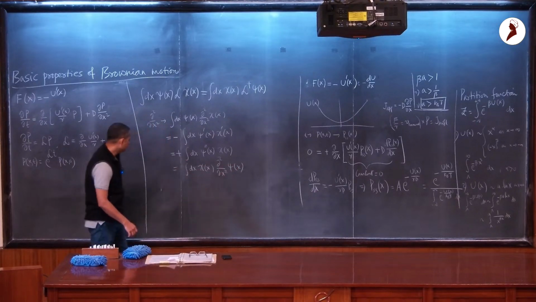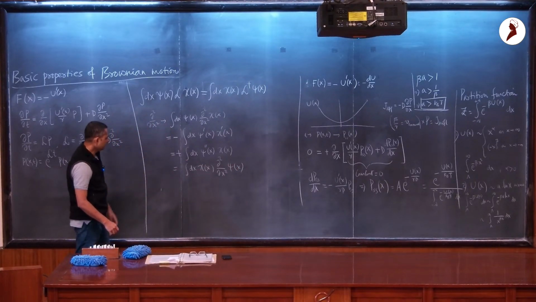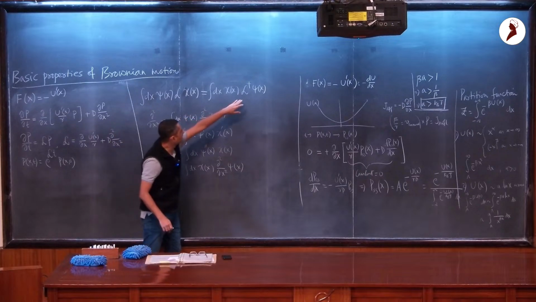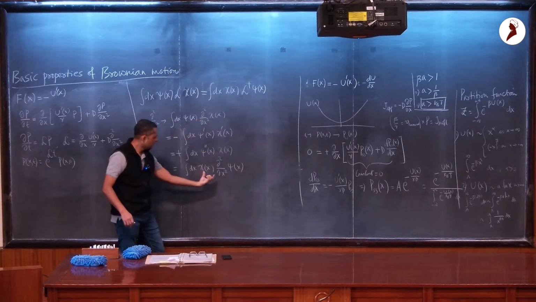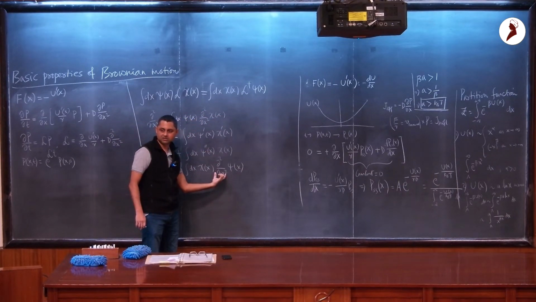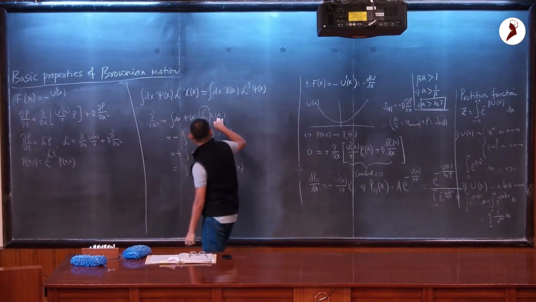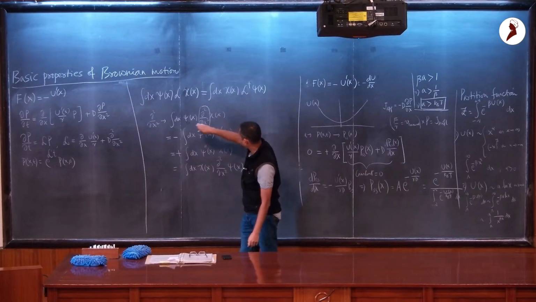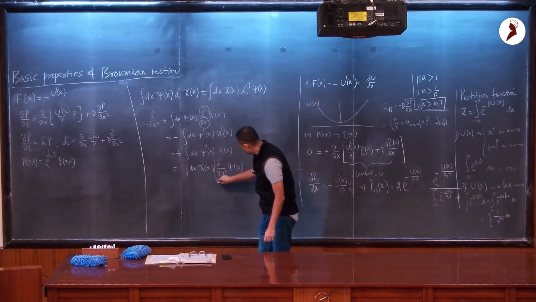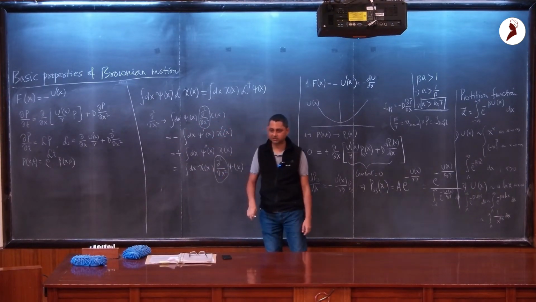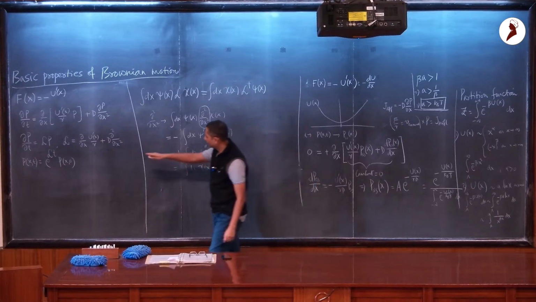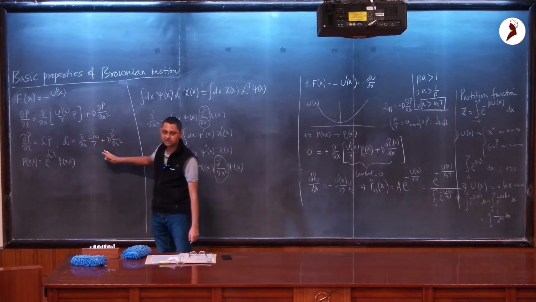So this is the same operator. I started with this operator acting on chi, and with psi on the right side, I got back the same operator. Therefore, this part is Hermitian.